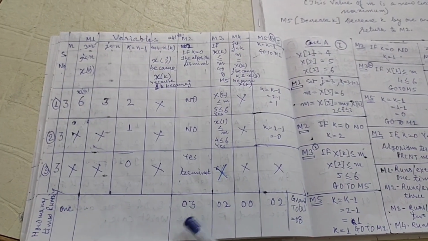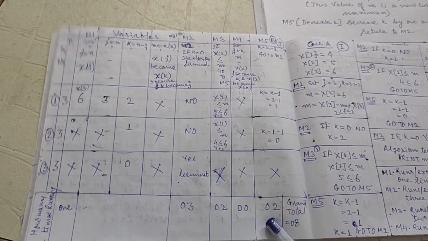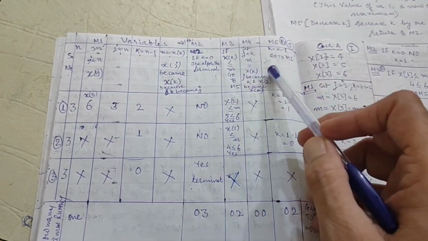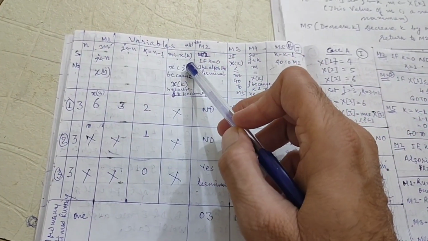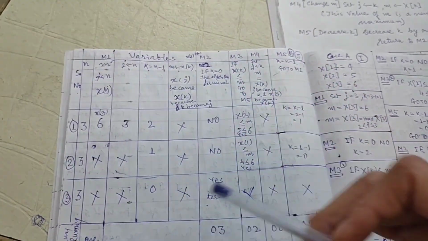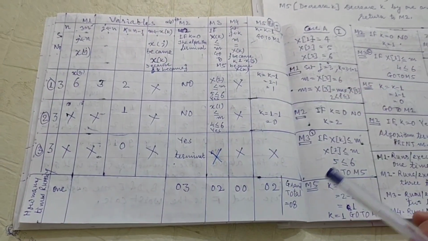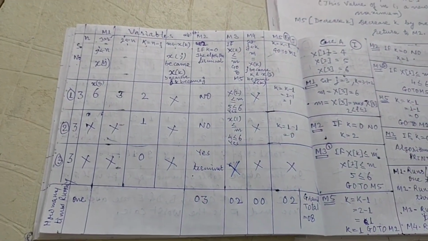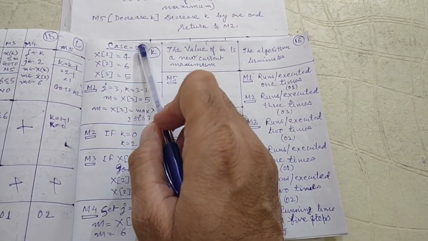This is 1, 3, 2, 0, 2. This is M1, M2, M3, M4, M5, and these are the variables. So this is the overall execution of case 1 in tabular form.